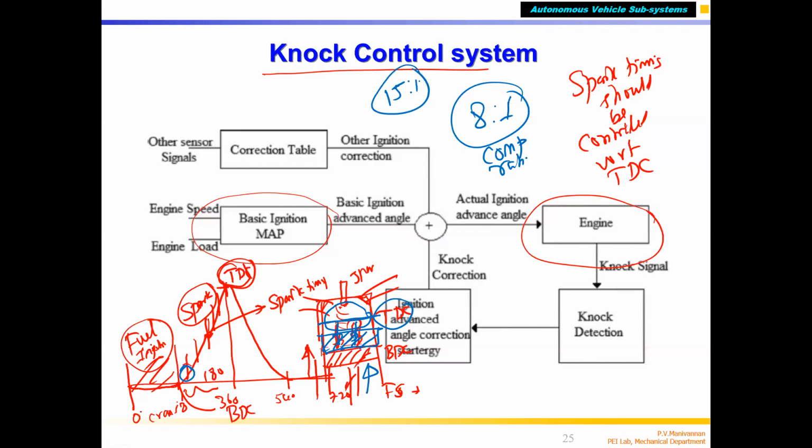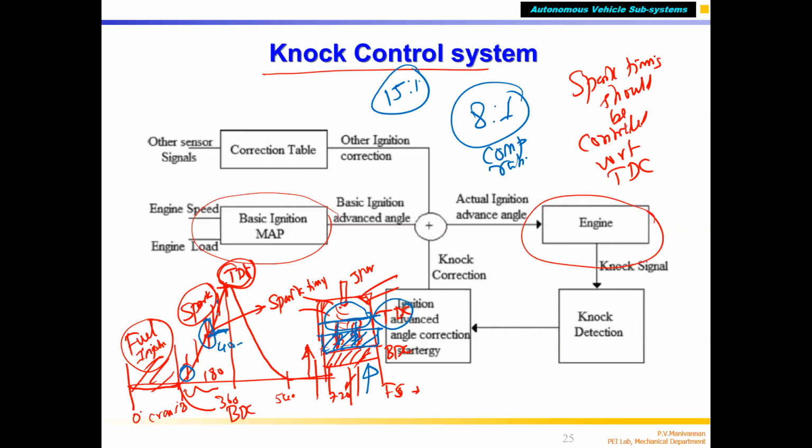If you get the highest pressure, then there will be more torque. So you should not start burning fuel while the piston is still going up. You should give the spark somewhere here, maybe 30 degrees, say 30 to 40, correct?